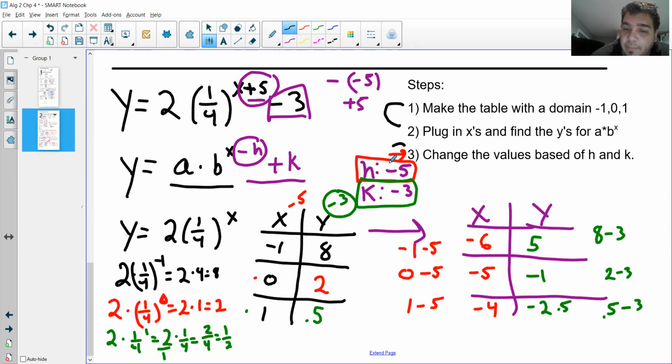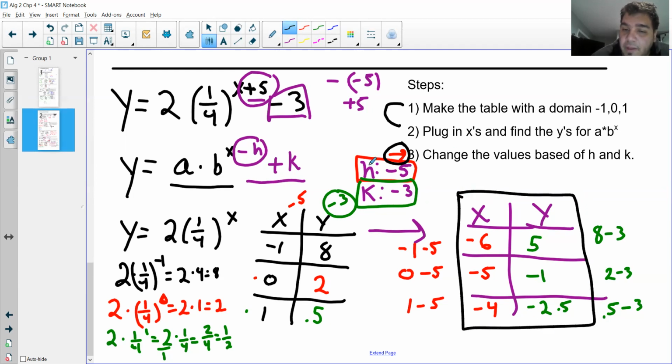So the third step right here, all you have to do is change the values based off H and K. So whatever your H is and whatever your K is, you're changing it to that new table right here. Okay. I'm going to pause this so you guys can copy this down as I write the final problem.